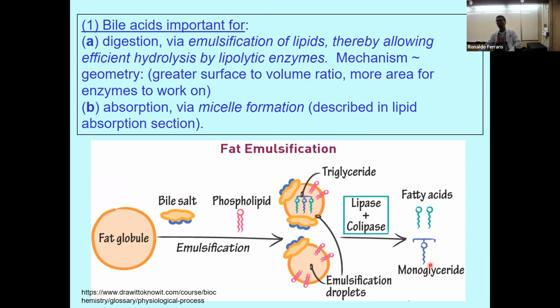Their other job is absorption via micelle formation, which I will be describing in the lipid absorption section. So for now, we're going to talk about the digestion component. I will allude to absorption until we see it in the later part, I mean next week.